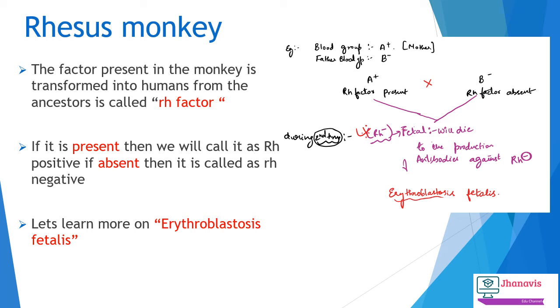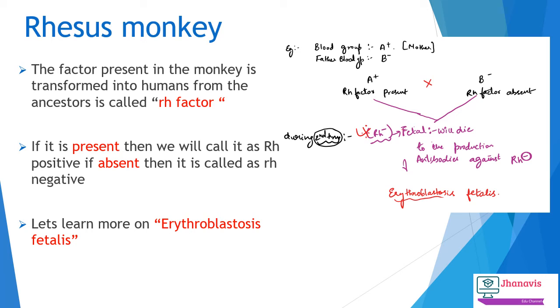But this negative will play a very important role in explaining erythroblastosis fetalis. And the mother's group is positive. When there is a cross and the fetus is produced, the first fetus doesn't have any problem, because the placenta is a very important layer present in the mother, which protects the child from any harm.